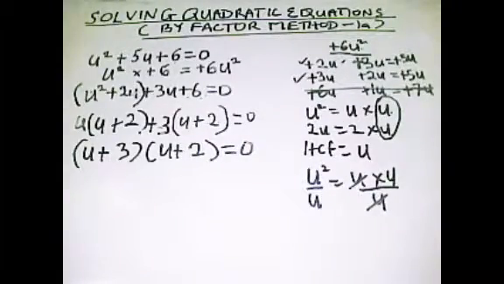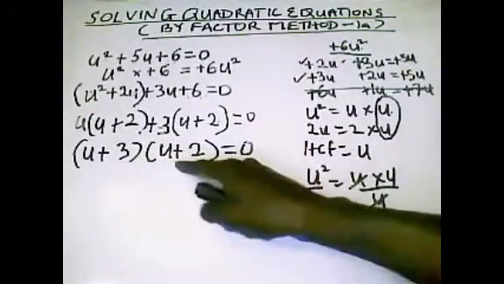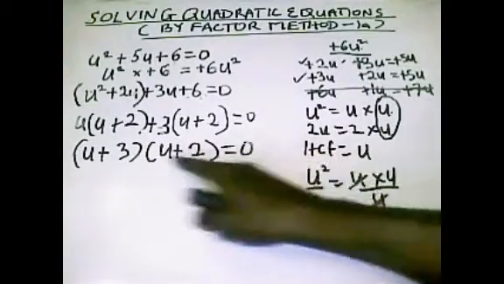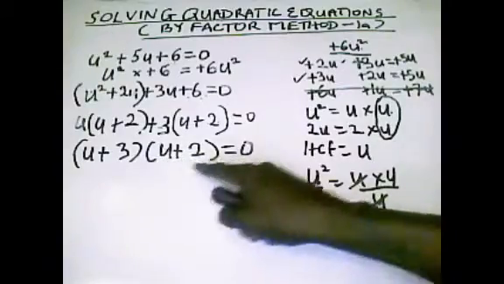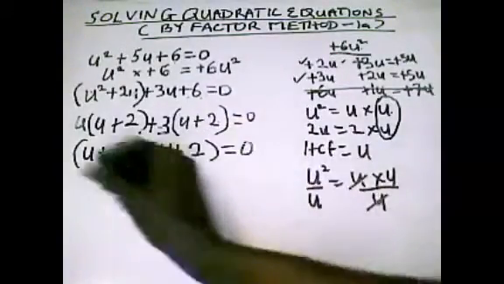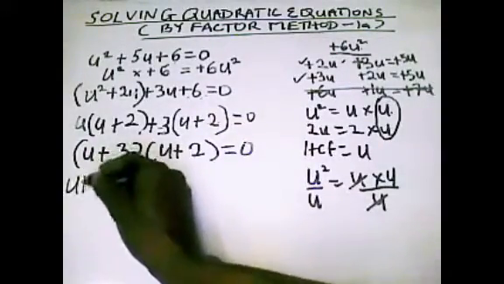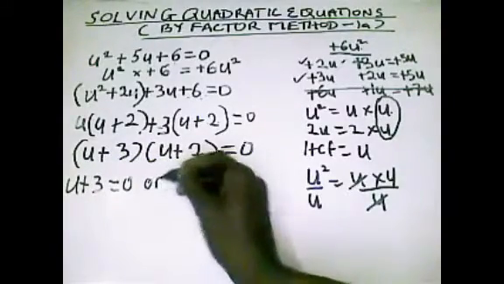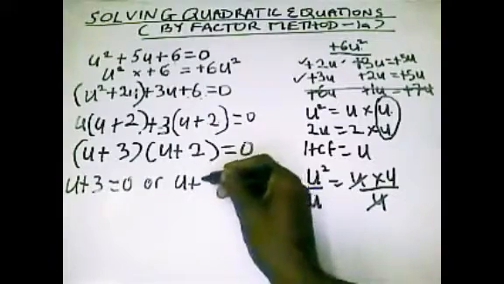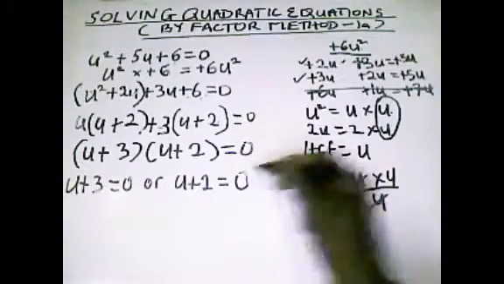Now, from this step, when two numbers are multiplying themselves to give us 0, it is either the first number is 0 or the second number is 0, or both of them is 0. So how do we write this? We say either u plus 3 equals to 0 or u plus 2 equals to 0.